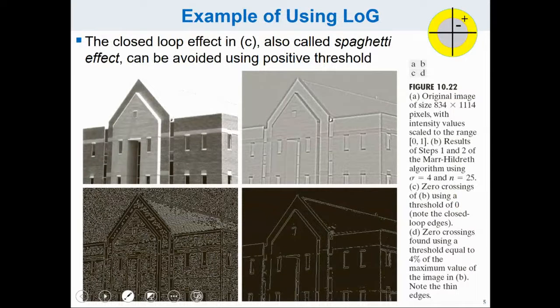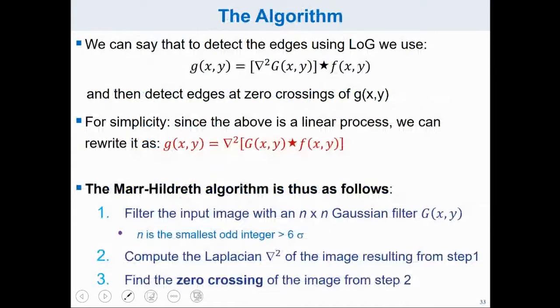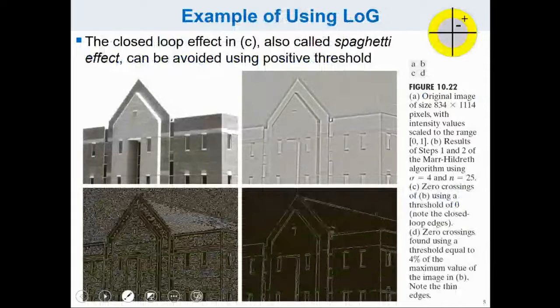Let's look at an image to show you the Marr-Hildreth technique to detect edges. If I have this as my original image, and I apply the steps, filtering the image with a Gaussian and then computing the Laplacian, that gives me this image over here.